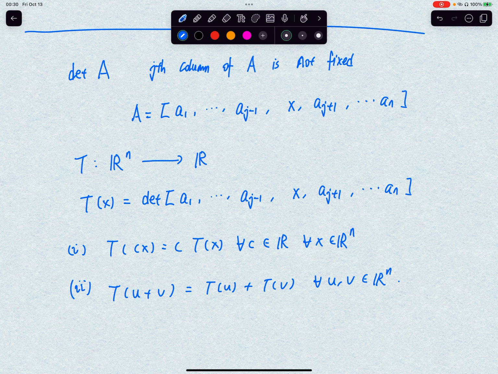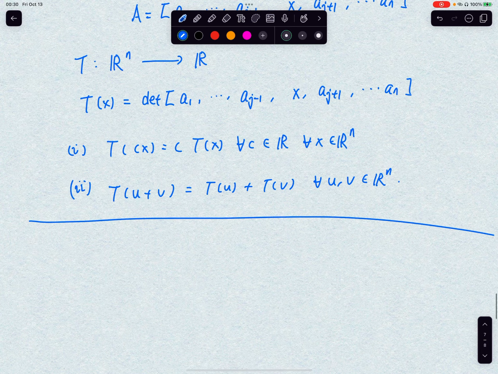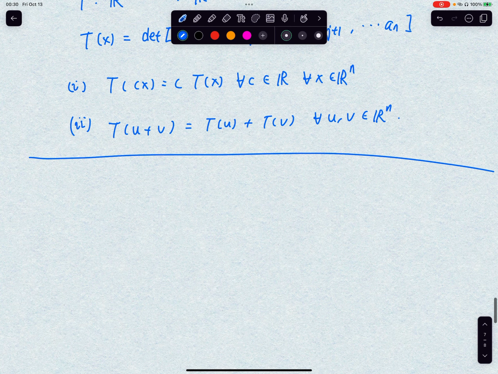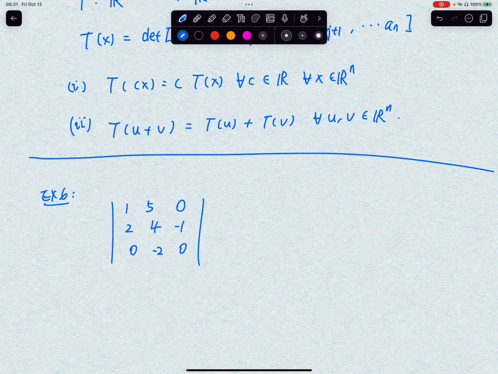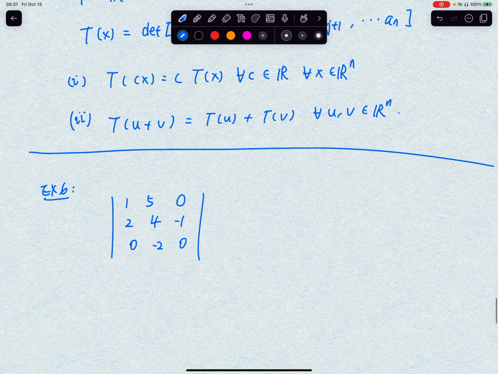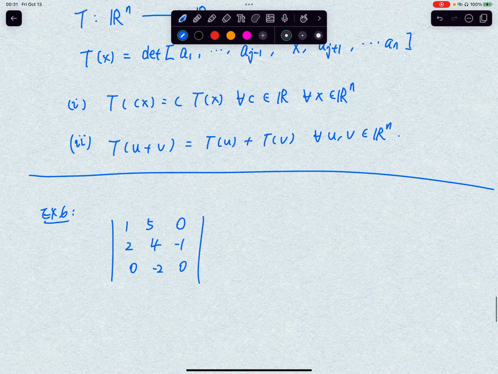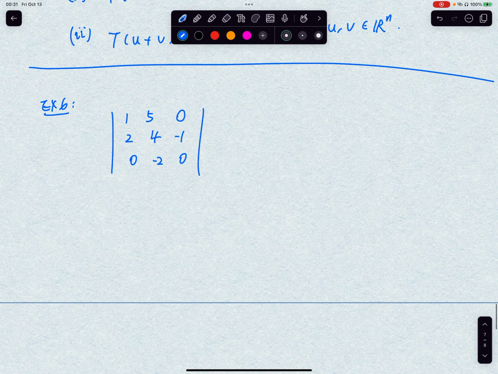We shall conclude our first lecture by offering some tricks in calculating determinants. So for example, if we are going to compute the determinant with rows 1, 5, 0; 2, 4, minus 1; 0, minus 2, 0, let's just solve this.